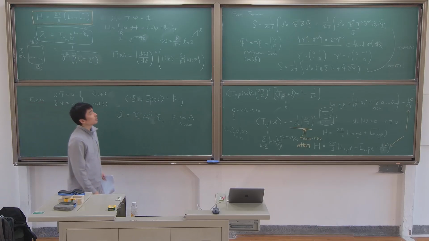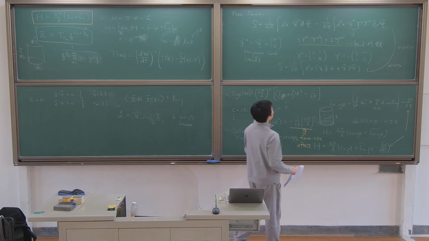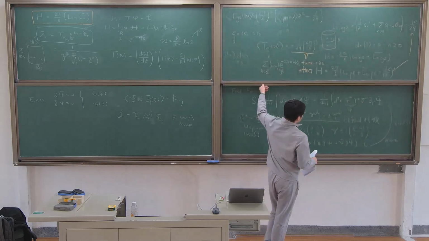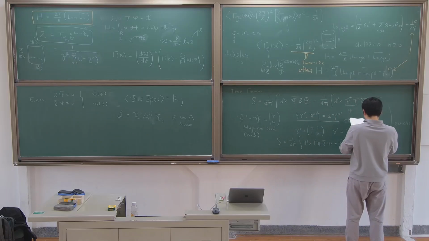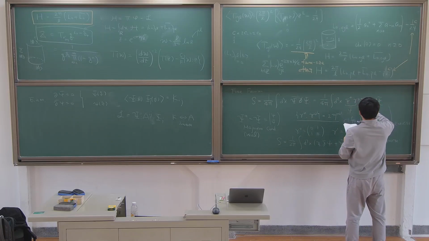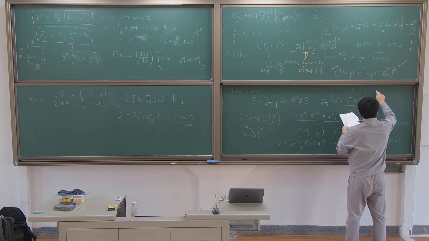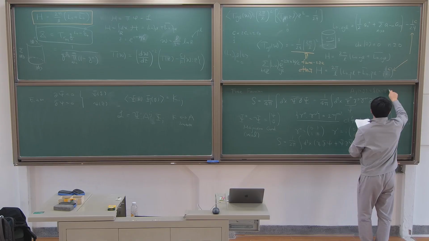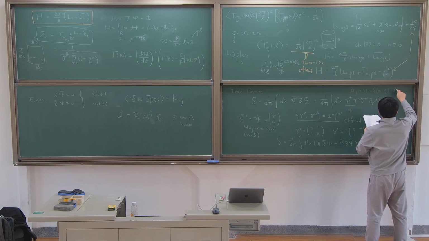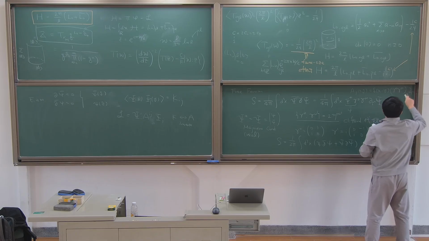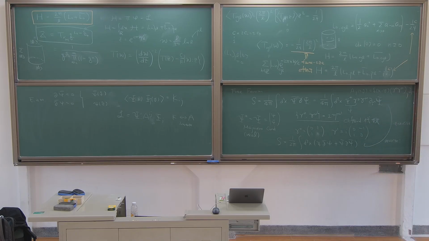In our case, here is A_ij(x,y), which is equal to this.